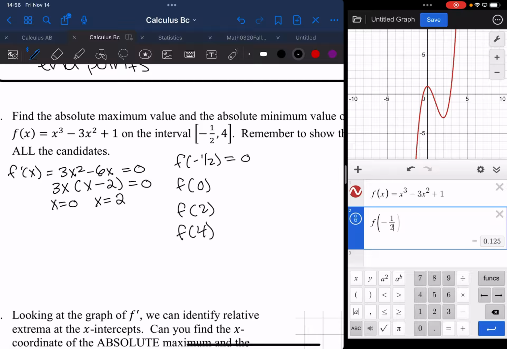So I'm going to write that down. We know if we plug in 0, we're going to get 1. Hopefully we don't need Desmos for that. Okay, and then we're going to plug in f of 2, and we get -3. And then f of 4, and we get 17.